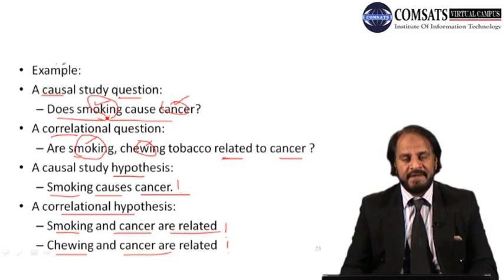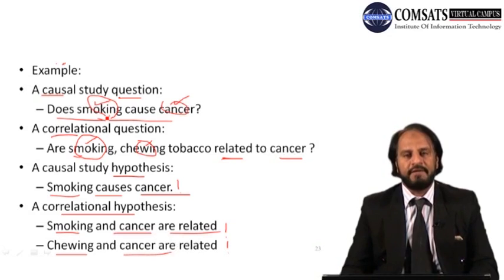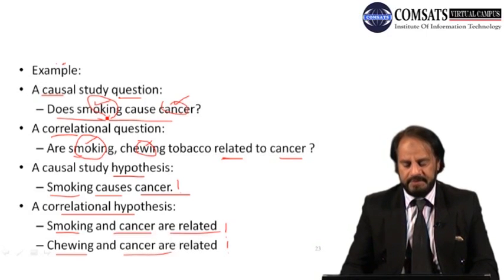If that is the scenario, where you're focused on just one variable and want to establish that the cause of change in the dependent variable is because of just one variable, then we will say it's a causal study. Otherwise, if there are different factors which might influence your dependent variable, then we state it as the correlational type of study.